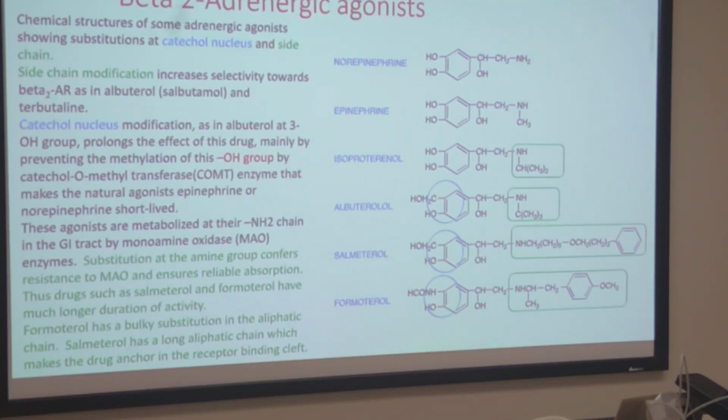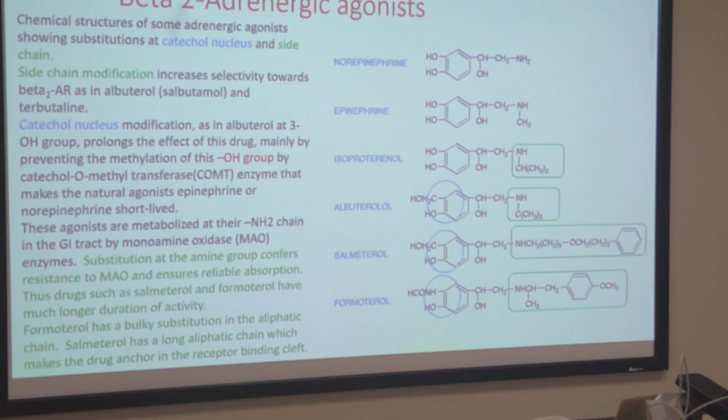That's how I would prepare myself for the exam. Any questions? These are the classical beta-adrenergic agonists, which you have as options to treat either asthma or COPD patients.